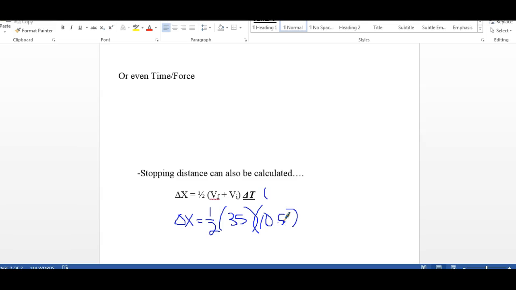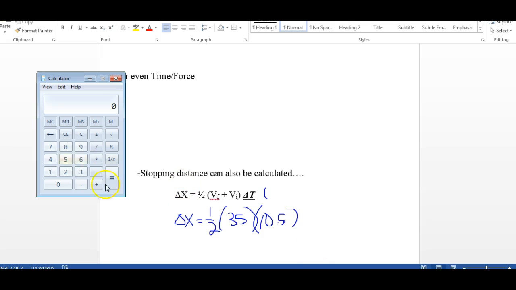And we just do the math then. Let's see how far it's going to travel. So we do 35 times 10.5, and we divide by 2.